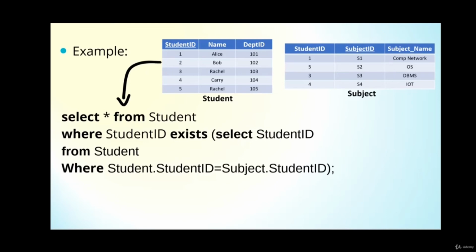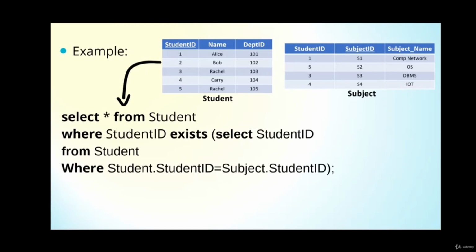After that it will take the first row of the student table and then it will check if any value in the first row of student corresponds to any value in the first row of the subject table. If yes, in this case the student ID is the same in both the tables, so it will print the first row of student.